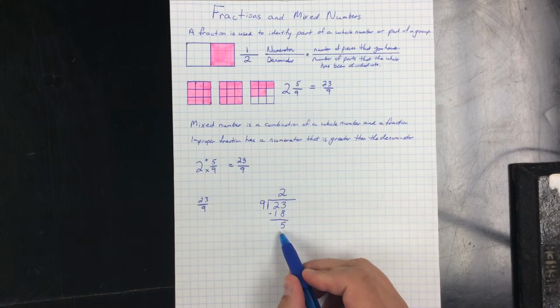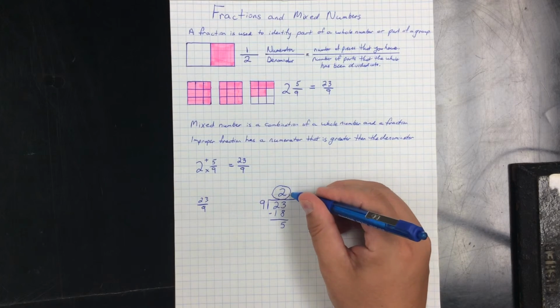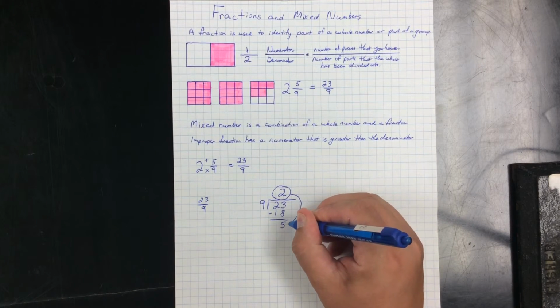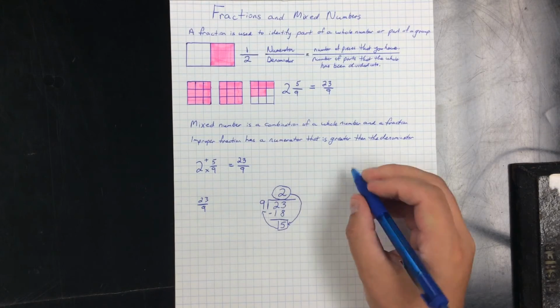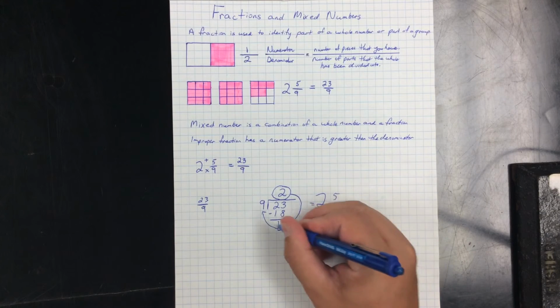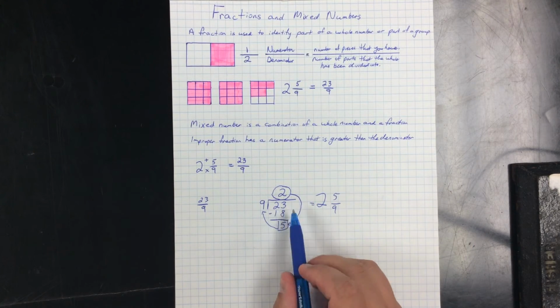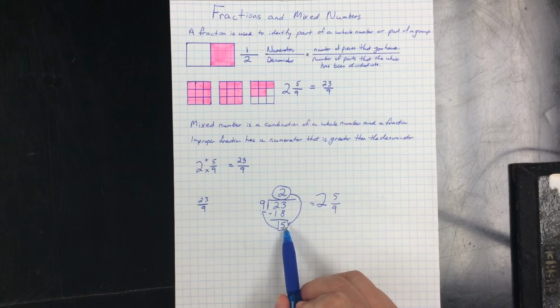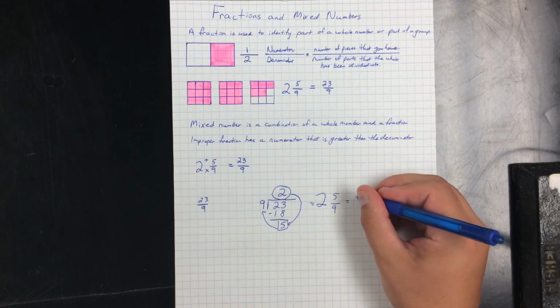I want a remainder in this case, so I'm going to start at the top, and I work my way around to every number on the extremes. So it's going to become 2 and 5 ninths. So 2 and 5 ninths, because it had 2 whole numbers, the remainder is 5 and is divided into 9, which is the same as 23 ninths.